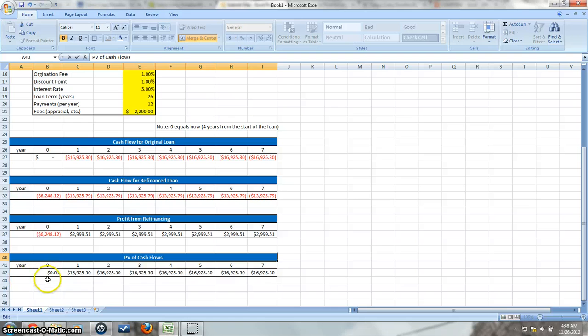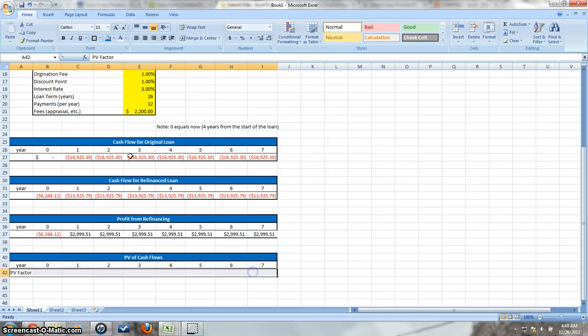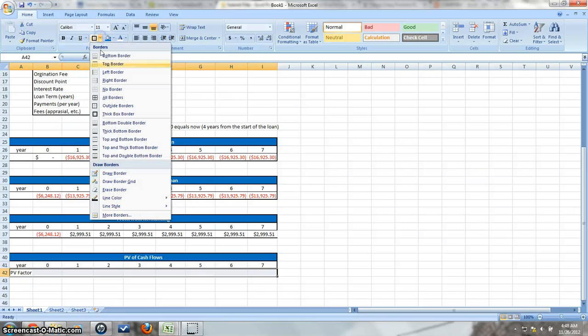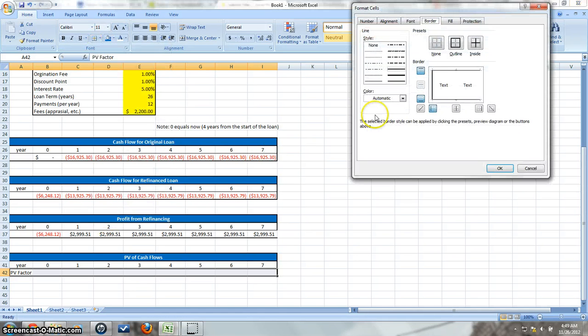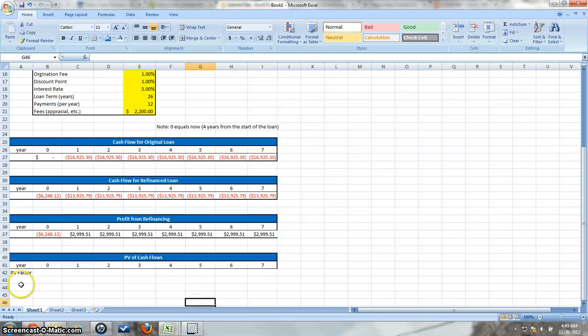And with the present value of the cash flows, we're going to take these, delete year, present value factor, and we'll get rid of this bottom border. Okay. And then present value of cash flow.